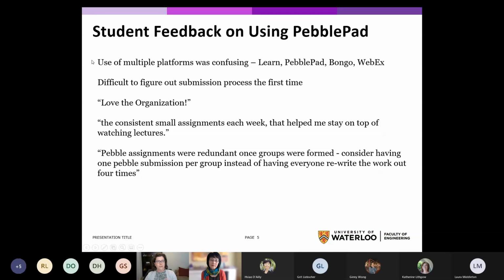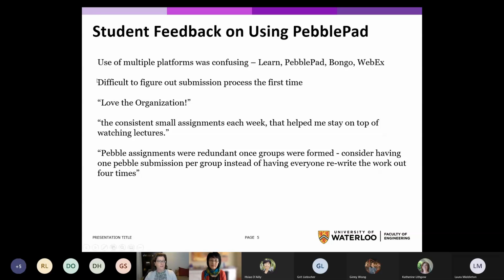So I did end up using Learn how I normally would have for my course, PebblePad for assignments. They also do a video presentation, so I use Bongo, and I use WebEx for the meetings, and I completely understand that was quite confusing. So I would maybe go the route of how Laura did and combine the whole course within PebblePad as much as possible.